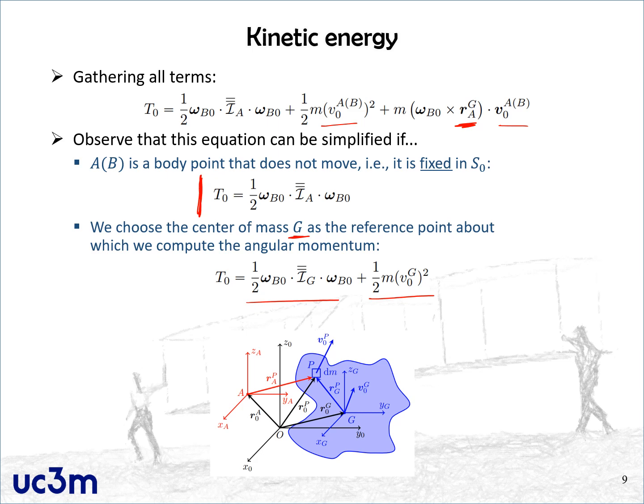The first term over here is associated to the rotational kinetic energy about the center of mass, and the second term is associated to the translational kinetic energy of the whole body concentrated on the center of mass. So the kinetic energy of an equivalent point particle located at the center of mass with the same mass as the rigid body and moving like the center of mass.